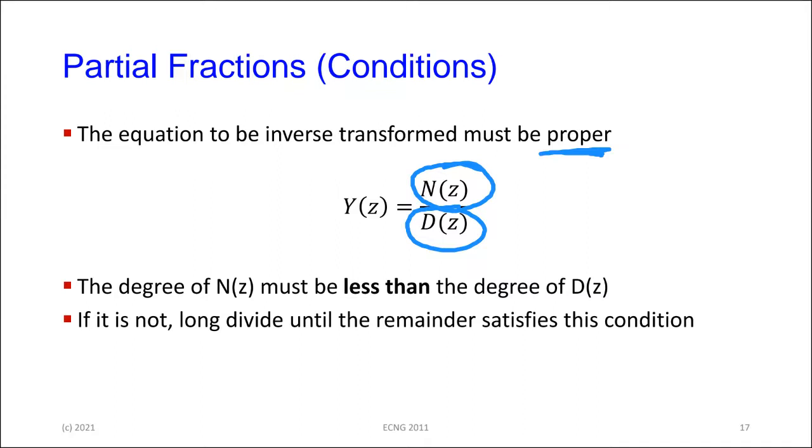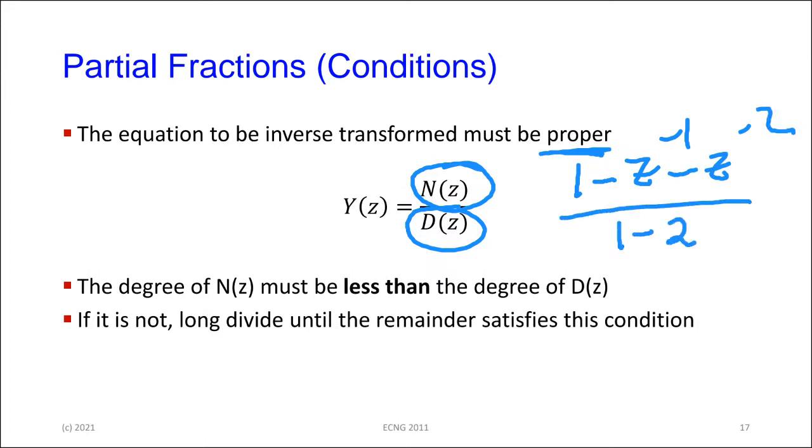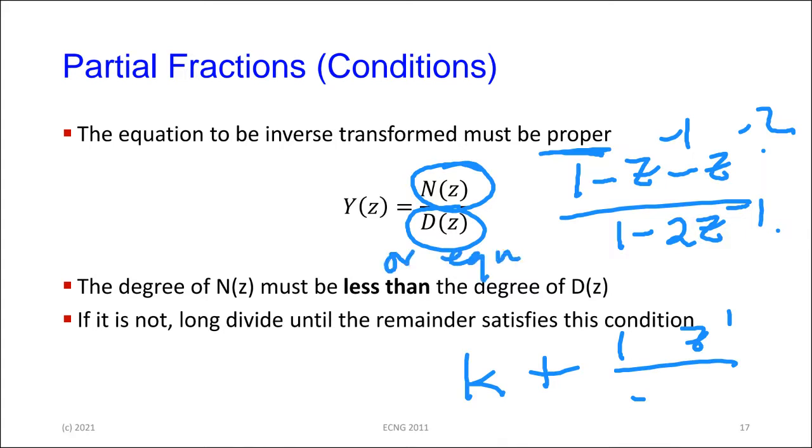So for instance, if I had 1 minus z minus 1 minus z minus 2, and the denominator was 1 minus 2z minus 1, I will divide the numerator by the denominator at least once, so I'll get a constant plus something over something plus z minus 1. So less than or equal could work as well. Less than or equal will work, but the order of the numerator must never be greater than the order of the denominator.